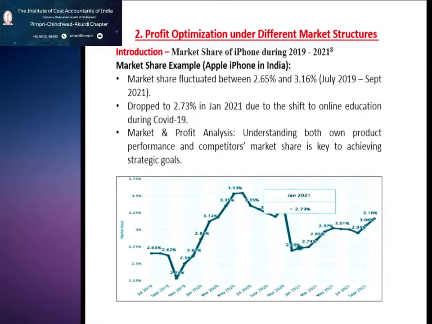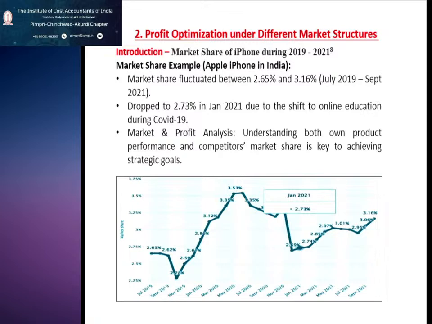To explain the market share concept, market share fluctuated between 2.65% and 3.16% from July 2019 to September 2021. Over almost 3 years, there was a rise from 2.65% to 3.16%, and again it dropped to 2.73% in January 2021 due to the shift to online education during COVID-19.